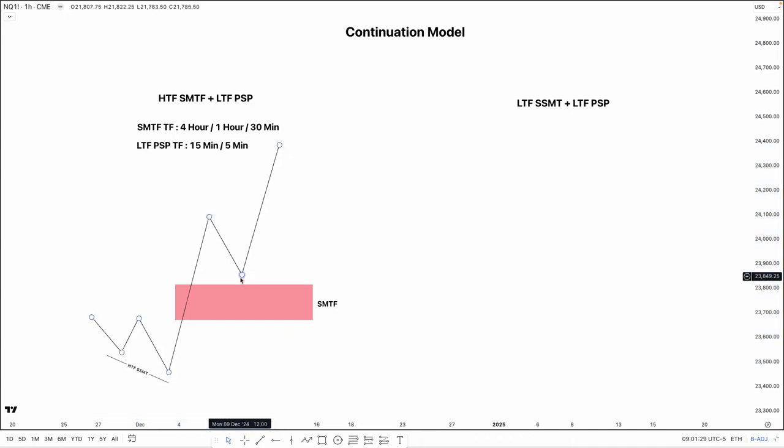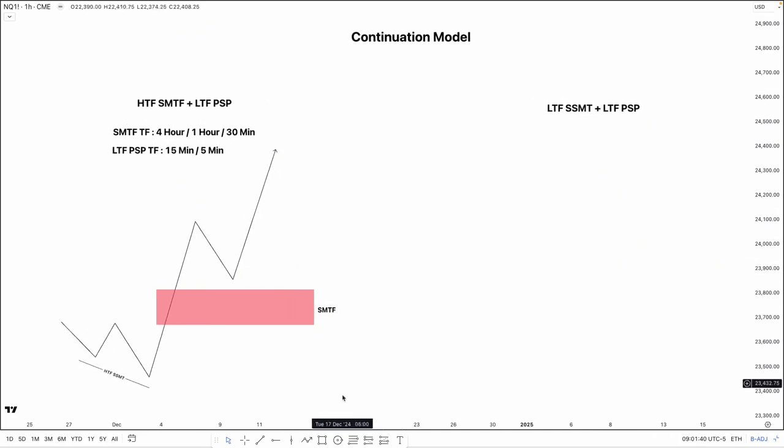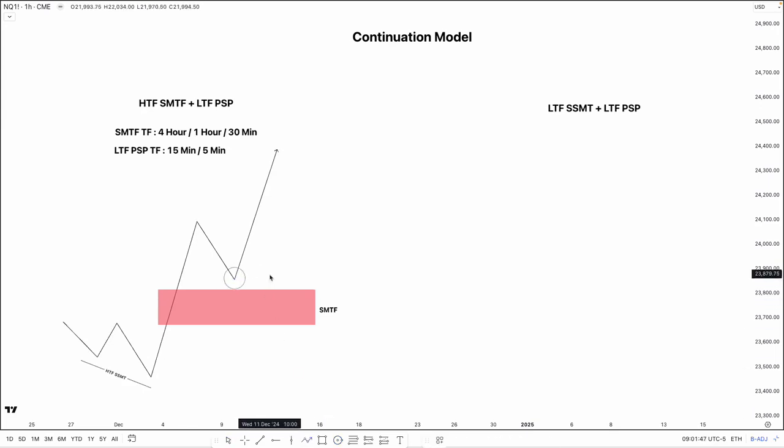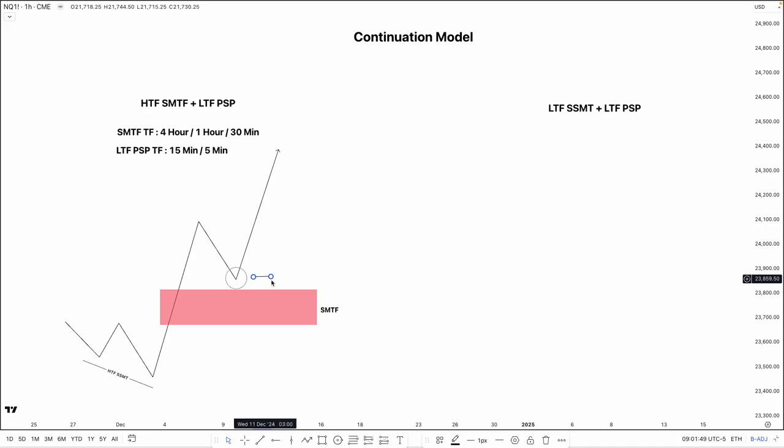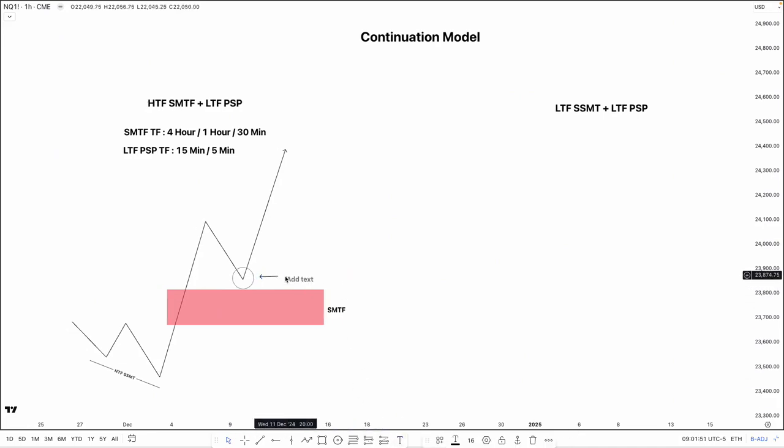Typically, I prefer to trade the asset that fails to trade into the gap, because similar to a failure swing on a high or low, it will tend to move further. Okay, and then within here, we'll be looking for our lower time frame precision swing point.